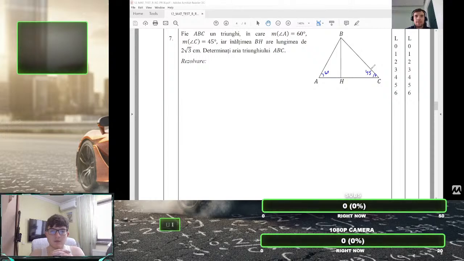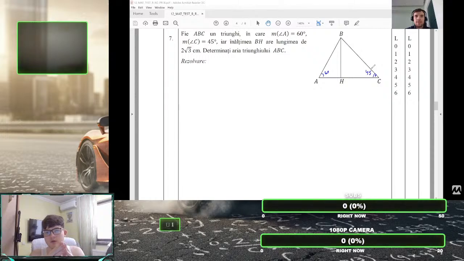So you have 60 right there, 45, so B, what's that? In total, you have 105, so that one must be 75. It's 180 in total. Yes, that should be correct, and that's 75.